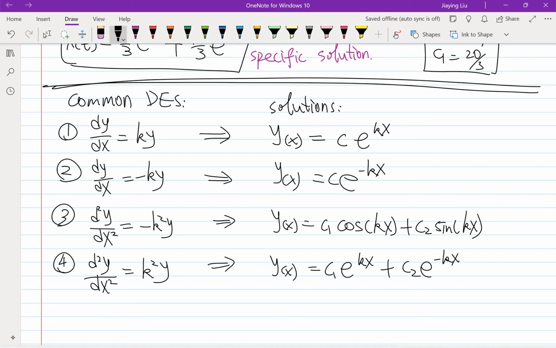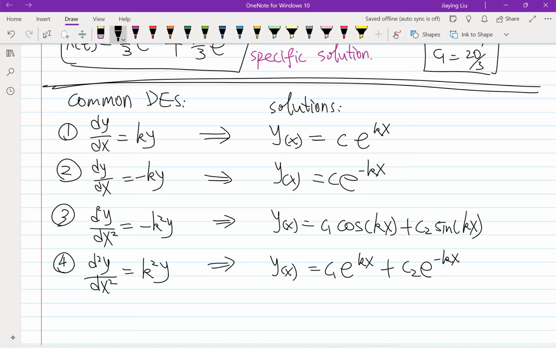So those are the four basic differential equations that we already know what the solution will look like. If you're given a problem like this, you might just see a different constant on the right-hand side. That's it. But the overall form is the same. The form of the solution doesn't change, but what's changing is the constant in the exponent.